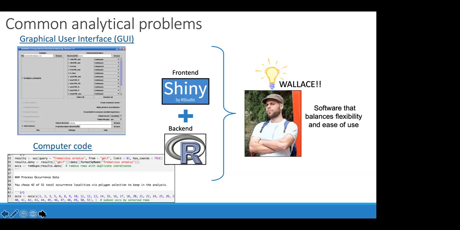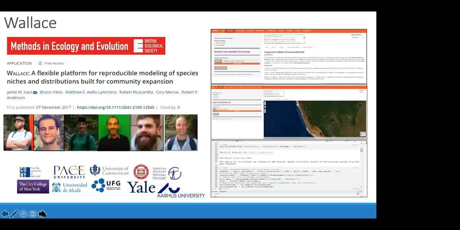And we're just highlighting Dr. Jamie Cass here, who came up with this idea during his graduate research at the City University of New York. This software was recently published as a software note in its first version, and you can check it out for a lot more details than what we're able to go over today.